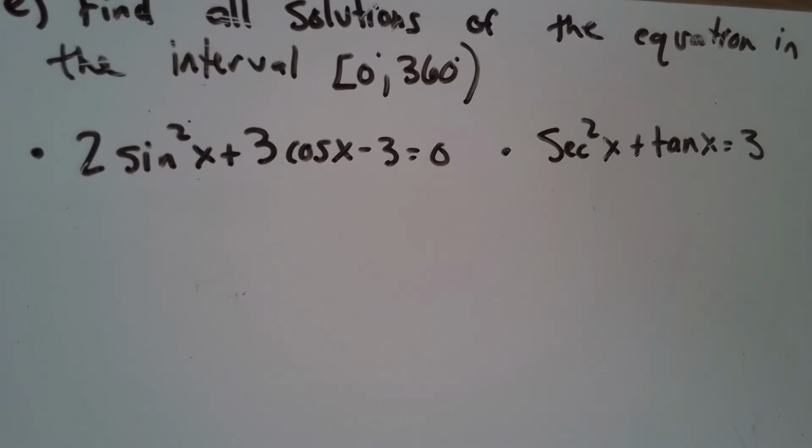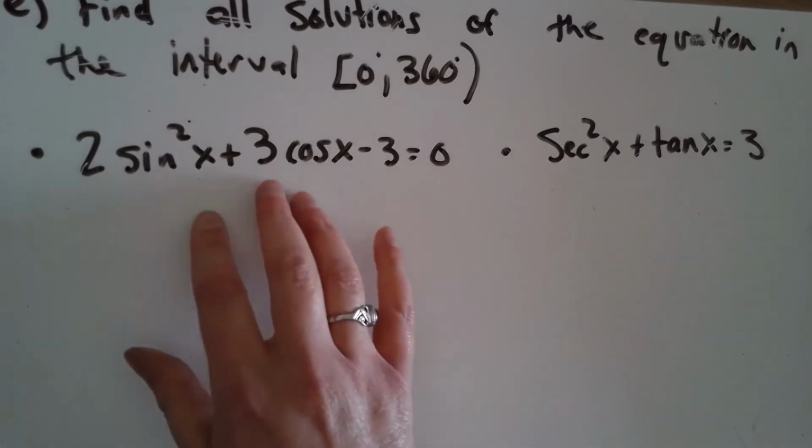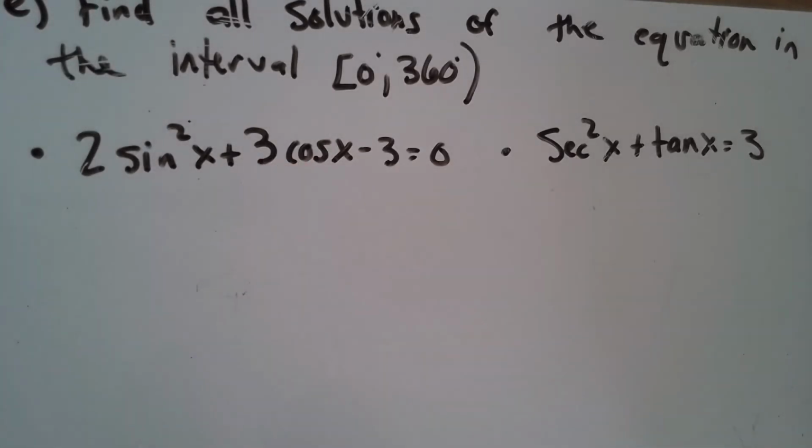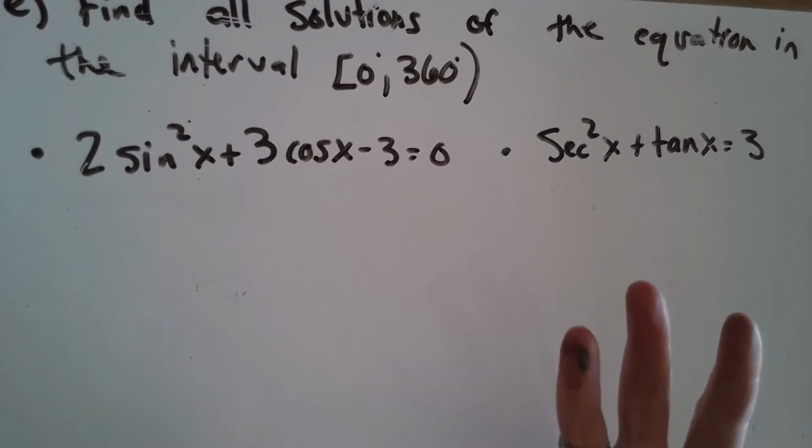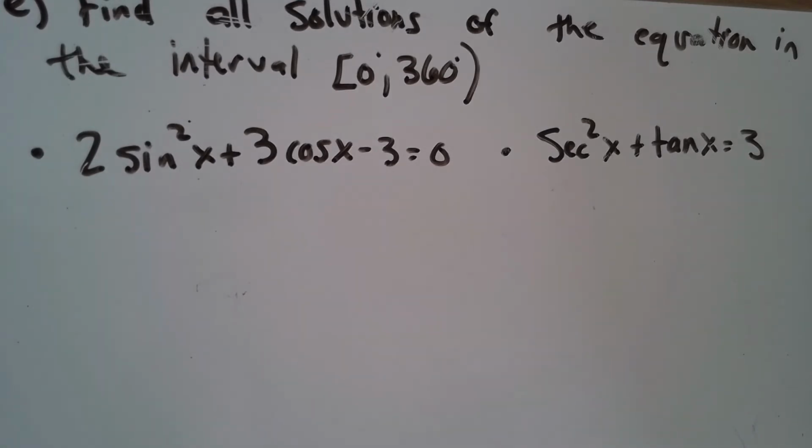Okay, which I gotta find mine real quick. Identities page. Okay, because this one has sine and cosine, and I can't factor it with 2 variables. I don't have multiple equations, so I can't do a system of equations.